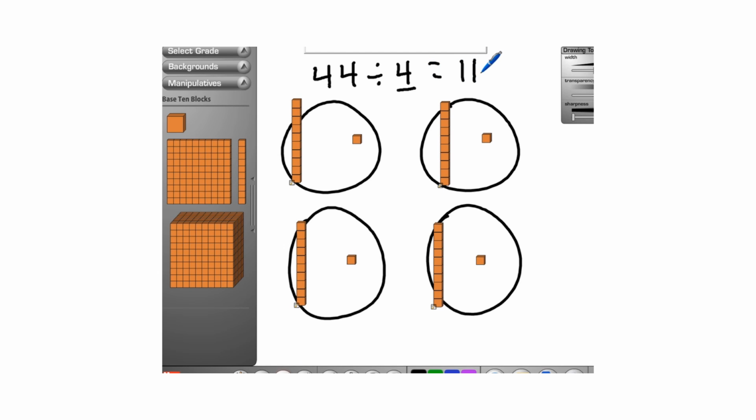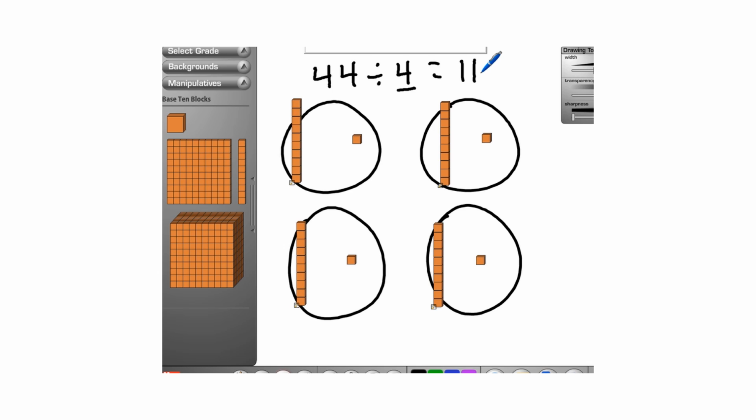Now you can take what you've done on this screen and transfer it over to your paper. Your paper should have now on number 2, 4 circles. You should be drawing this. I'm doing one of the questions with you. This is number 2 on your practice it. You should have the 4 circles drawn, and then you put 1 long into each of the circles and 1 into each of the circles.